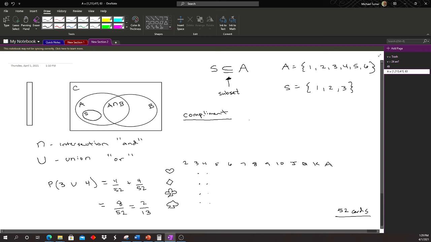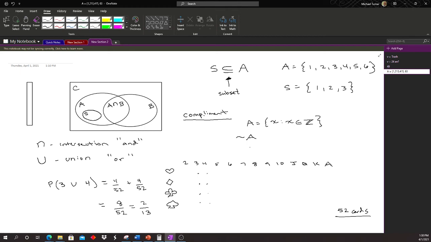So for example, let's say I defined A, my set, as being all the integers. Remember, integers is notated by a capital Z. The complement, which you can see in different notations, is typically identified by a tilde, that little squiggle in the top left of your keyboard. But that's read as not A, or the complement of A.